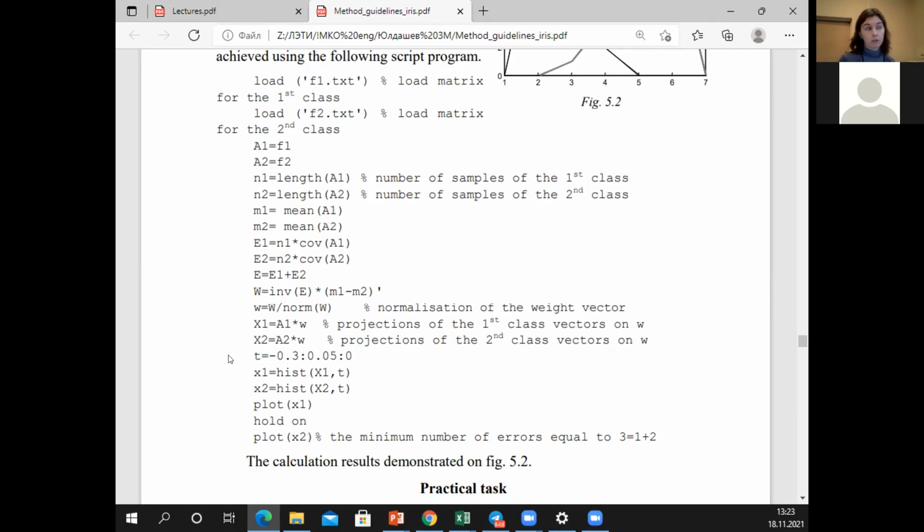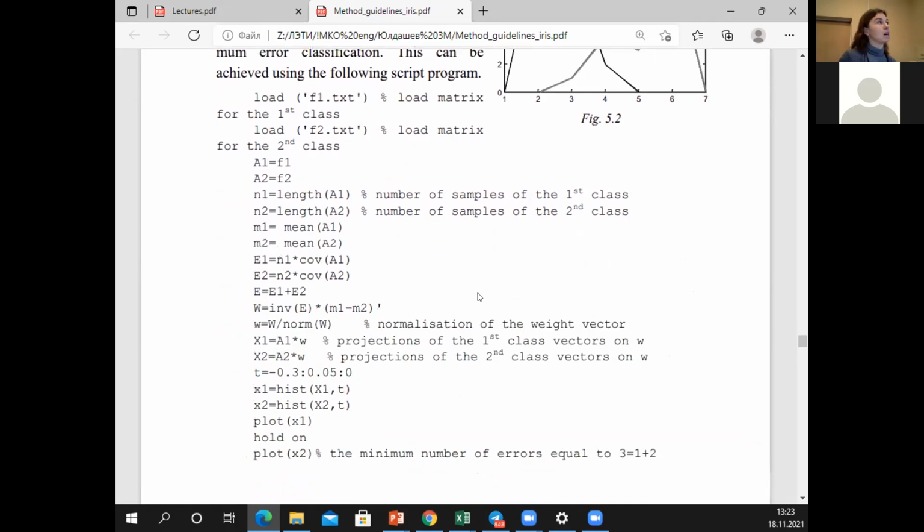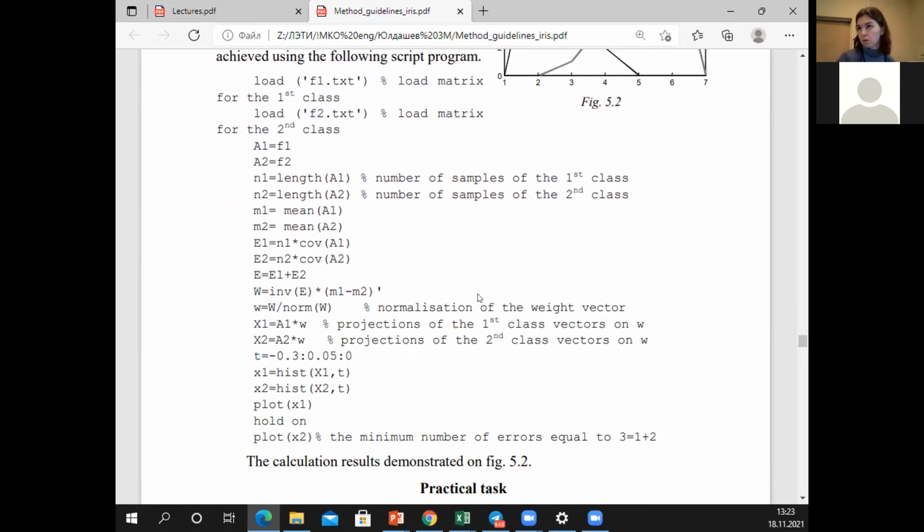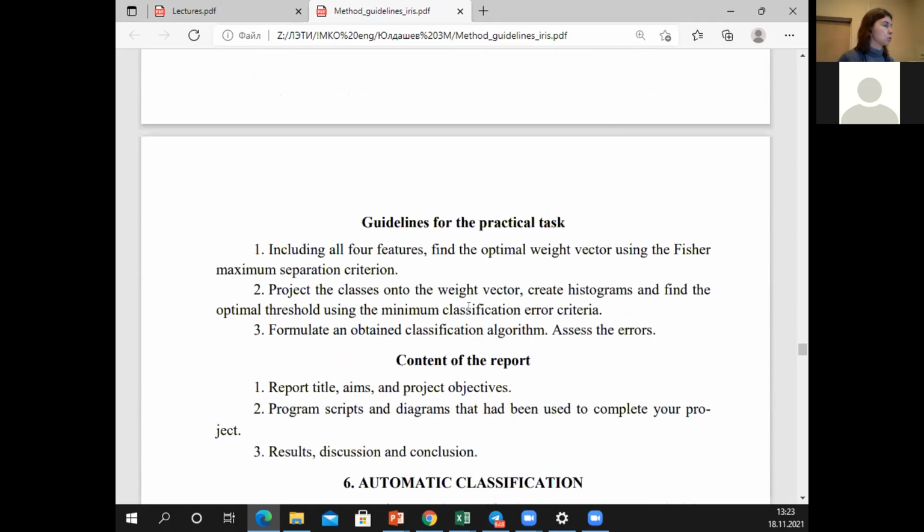Keep it in mind. If you do something, think about what you are doing, because there may be mistakes. We have to decide the range of Z in accordance with your data set and your projections.